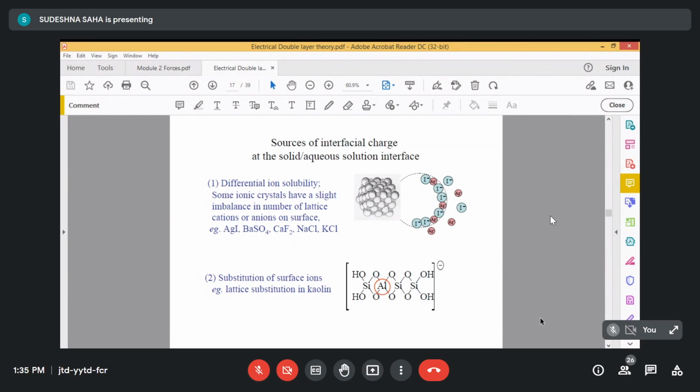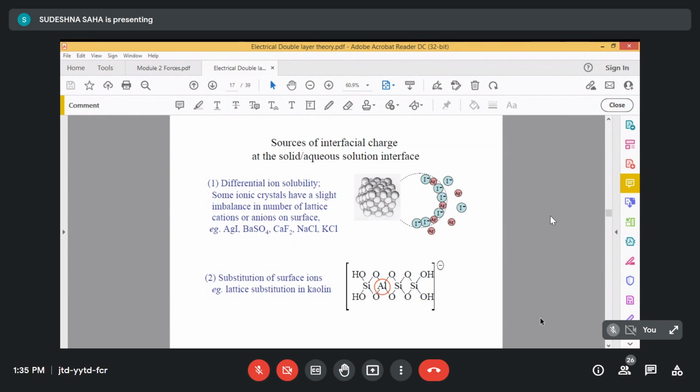So now we are moving towards a discussion of electric interaction in colloidal particles. In order to go to that discussion, we first have to understand the sources of surface or interfacial charges. Why is there charge on certain particles?